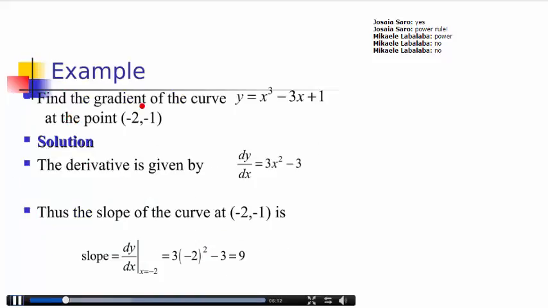Now, the question says that we need to find the gradient of the curve y is equal to x cubed minus 3x plus 1 at the point negative 2 and negative 1. Now, can anyone tell me, when a function is given to you, what do you have to do to the function whereby you can get a gradient?